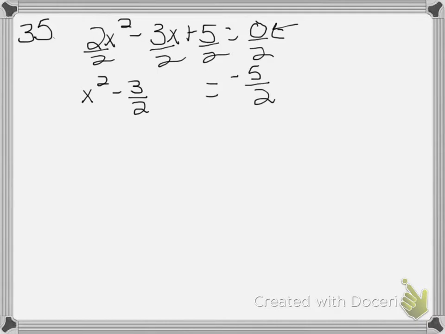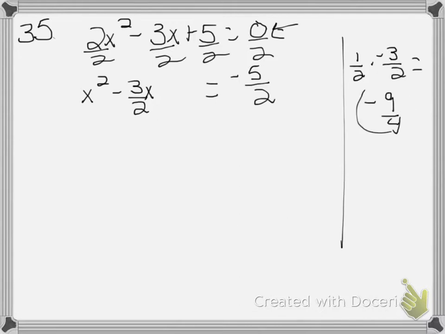Okay, now go to the side and take half of b. So that's 1/2 times negative 3 over 2, which is negative 9/4. Square it, that's 36 over 16, and that's what I add to both sides.